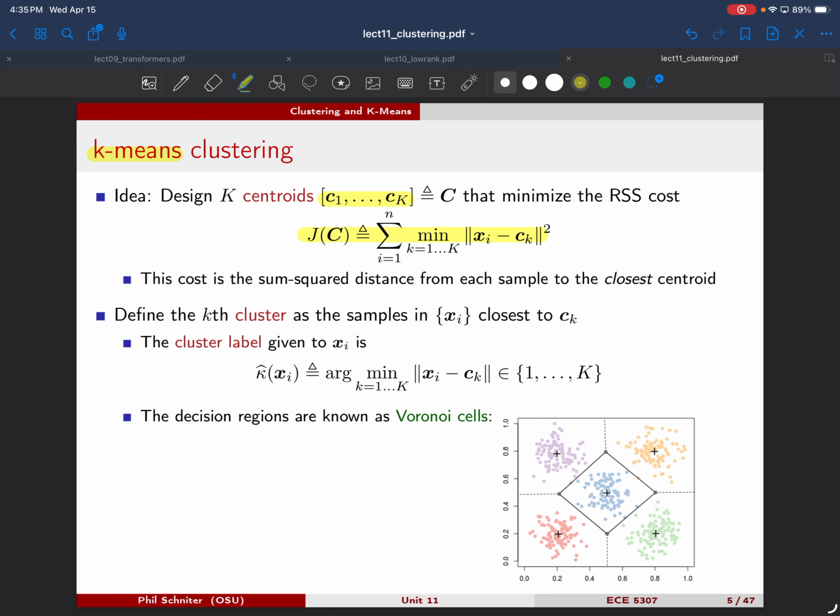But the thing that's a little different from what we've seen so far is that for each sample i, you only use the distance to the nearest centroid for that sample. So the minimization is done for every i separately, inside the sum over i. This is the distance between x_i and the closest of the capital K centroids. Is that pretty clear, what k-means wants to do? Okay.